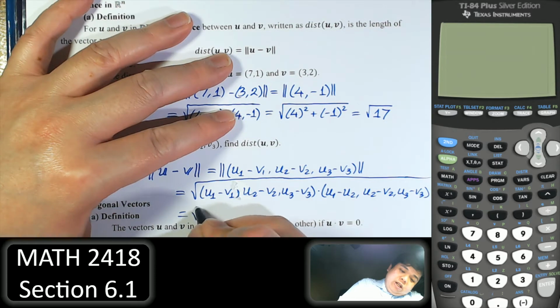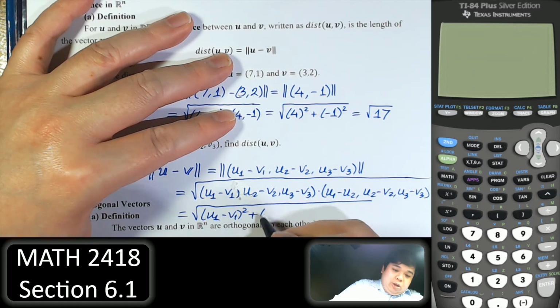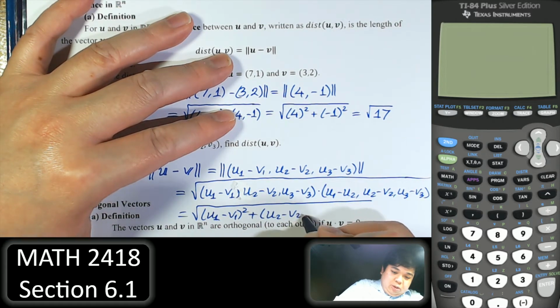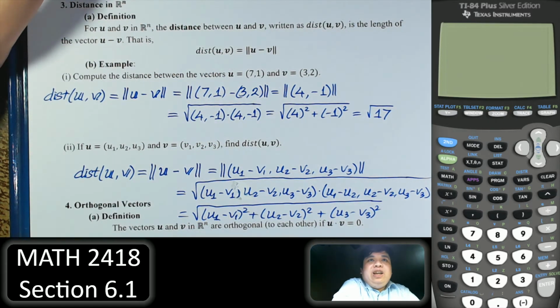Of course, then we just have u1 minus v1 squared, u2 minus v2 squared, and u3 minus v3 squared. Of course, that is just the distance formula that we had before.